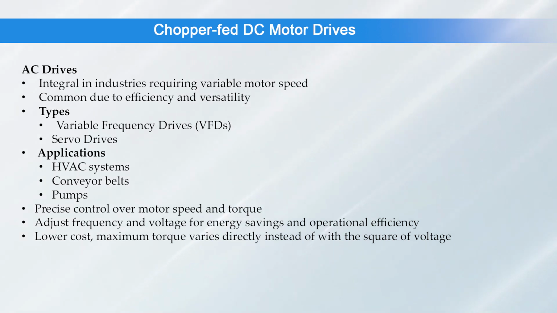They are widely used in HVAC systems, conveyor belts, pumps, offering precise control over motor speed and torque both. By adjusting the frequency and voltage supplied to an AC motor, these drives can efficiently manage the motor's speed and torque, leading to significant savings in energy, and the operational efficiencies are also enhanced manifold.